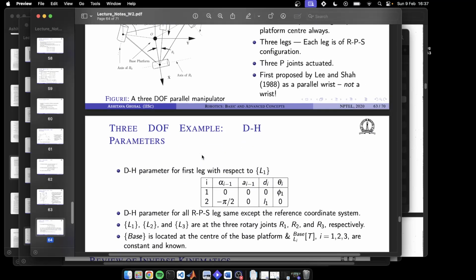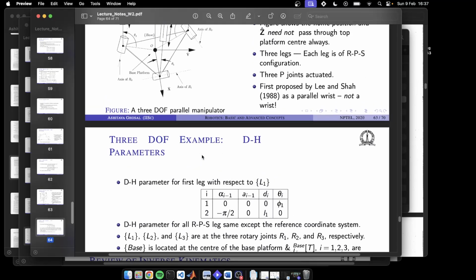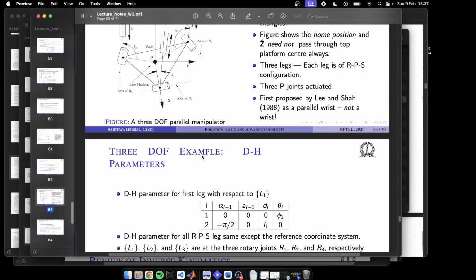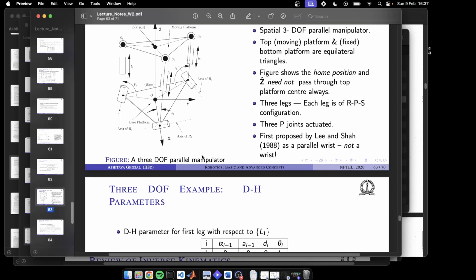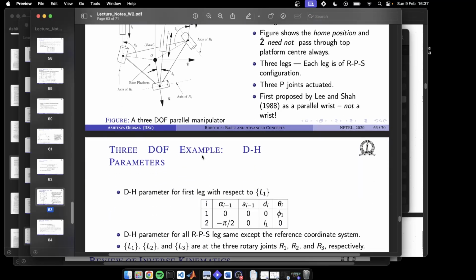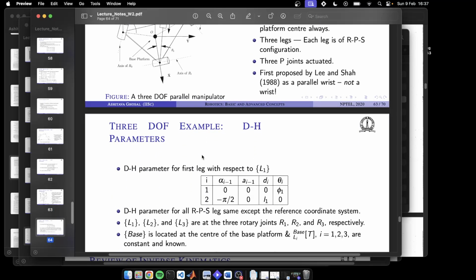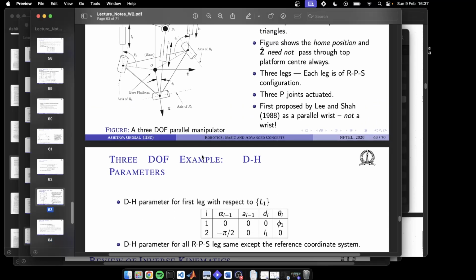I wasn't able to exactly map these two variables. So one is minus pi by 2, another is phi 1, right? These two.